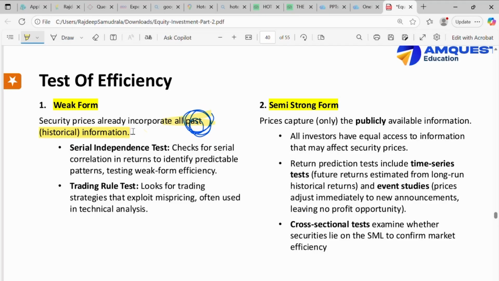So past historical information. It's possible to test this by doing a certain test where you look at technical factors. You look at the past trend. You can do a serial independence test. You can see using statistics what the trend is and whether the trend has been reflected and so on. Right? So in a weak form, the past information is reflected, not the current information that's publicly available.